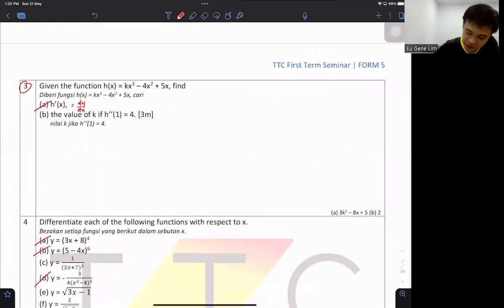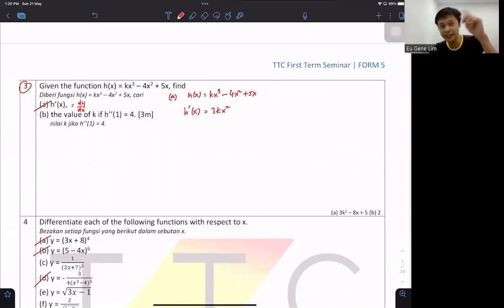So just differentiate only. Like h(x) equals kx cubed minus 4x squared plus 5x. So you differentiate. h prime. So 3kx squared. 3 times k is 3k. And then 3 minus 1 is 2.